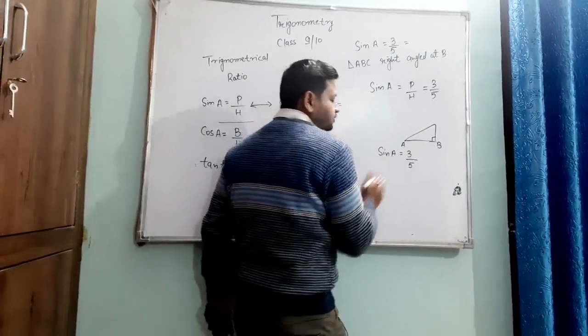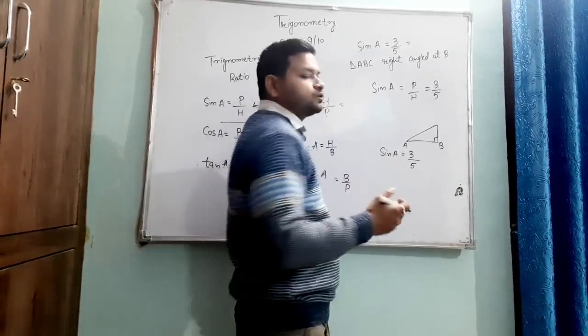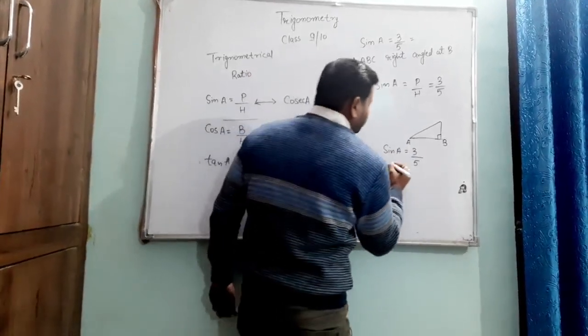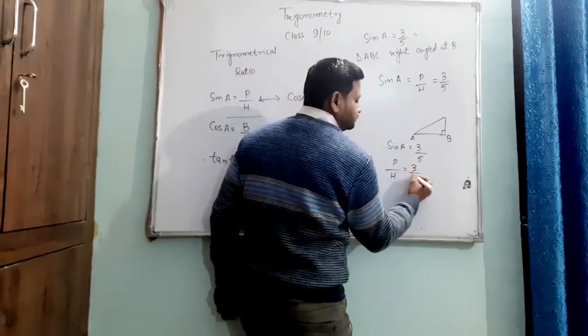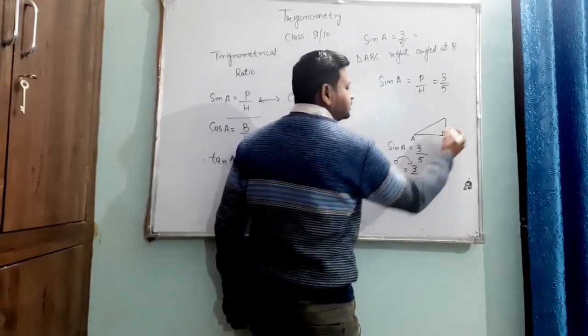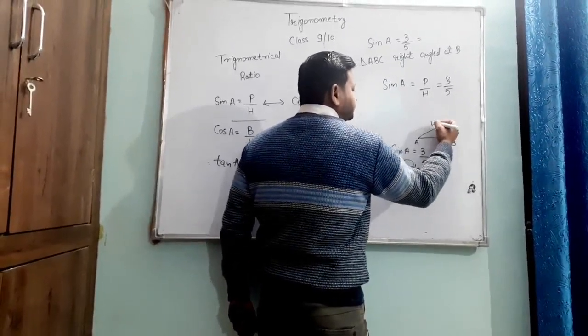So sin A is equal to 3 by 5. What is the formula for sin A? P by H. So P by H is equal to 3 by 5, which means perpendicular is 3 and hypotenuse is 5.